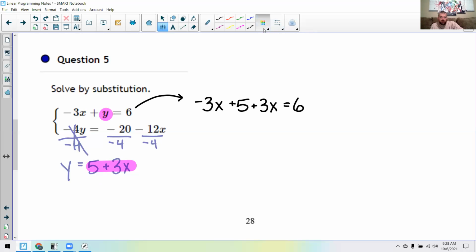Uh-oh, we get that same situation again. -3x and 3x, they cross out. So this is going to be 5 equals 6. So that means we have no solution.